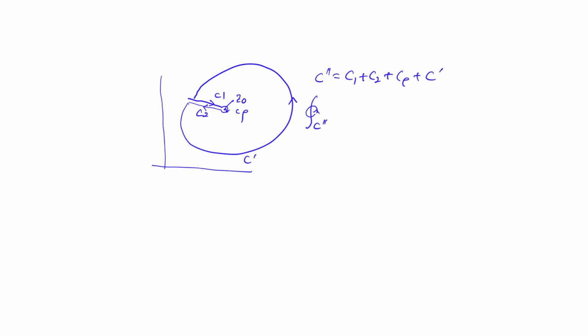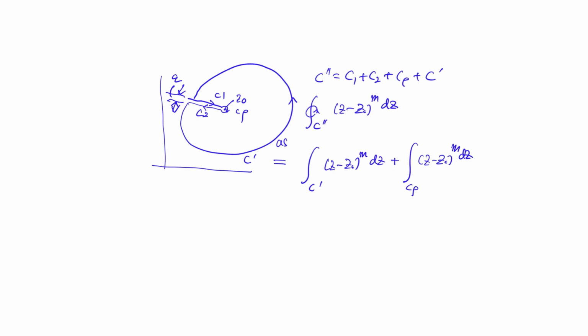C double prime, C minus C naught to the m dz becomes, as epsilon, C prime dz plus 0, right?